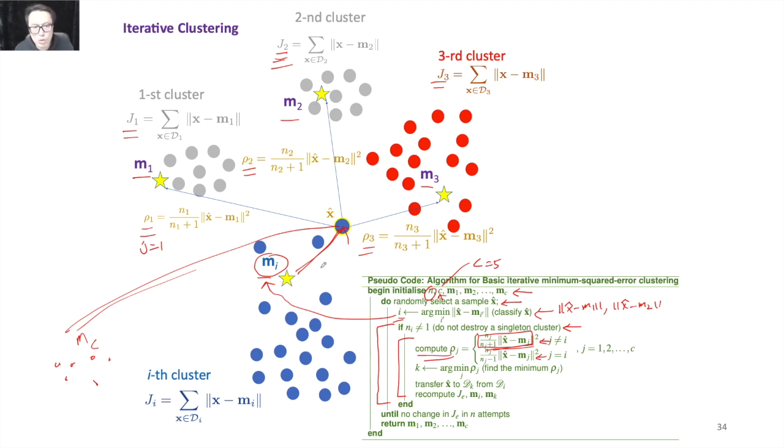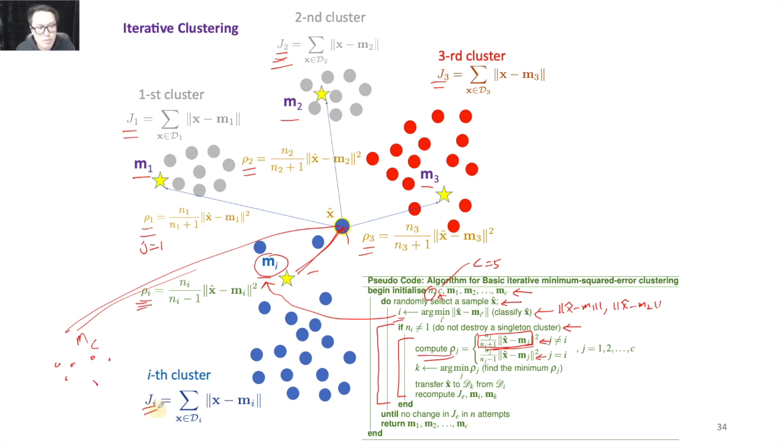Okay, and also because we move x away from mi, we also need to compute this value, to indicate that this is the amount the cost will be reduced from ji.